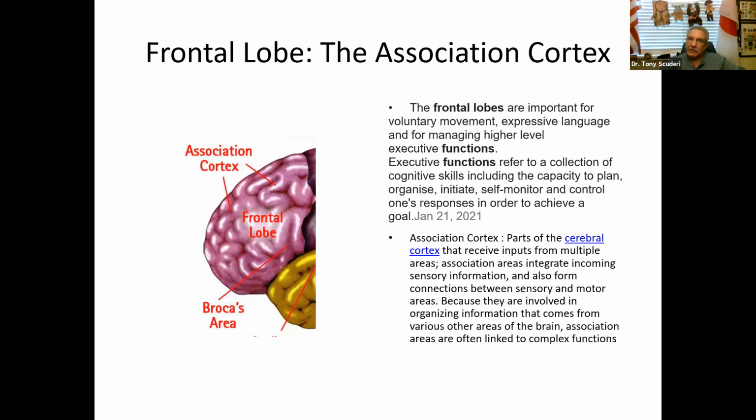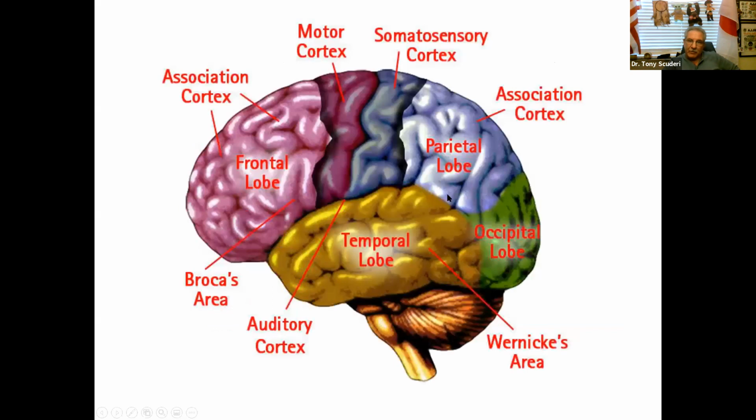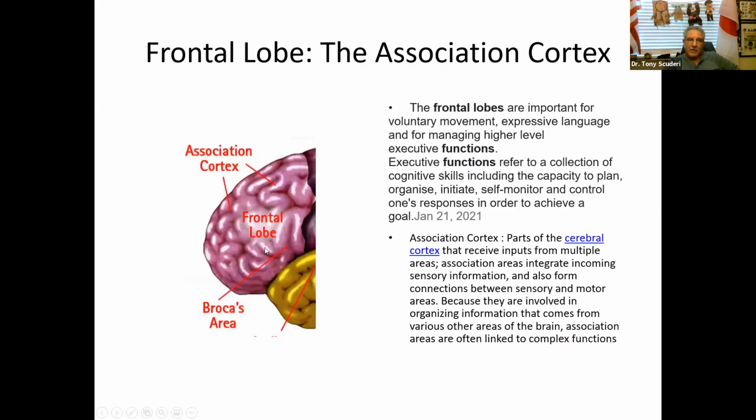When we take two things and we want to try to make sense of them, we have a pencil, and then we'll sit there and say, "What is this?" Well, that's a pencil. It looks like a pencil. That's associating it. Also, from the connections between the sensory and motor areas. So the motor cortex, as I said earlier, is right around this area here, the motor cortex, right? So the sensory cortex, the association cortex, takes information from that area.